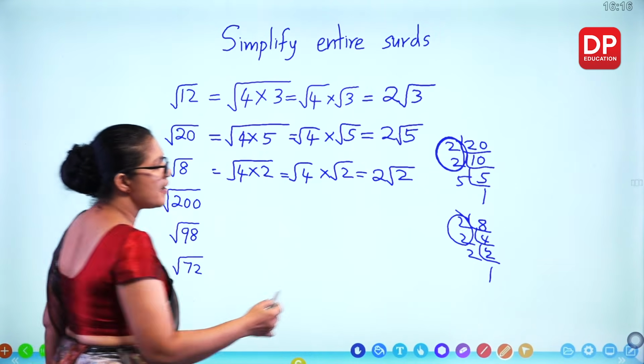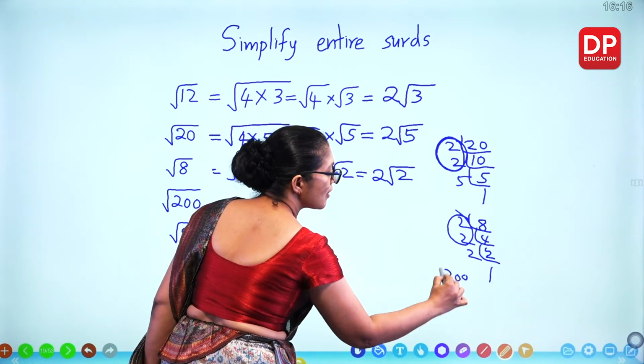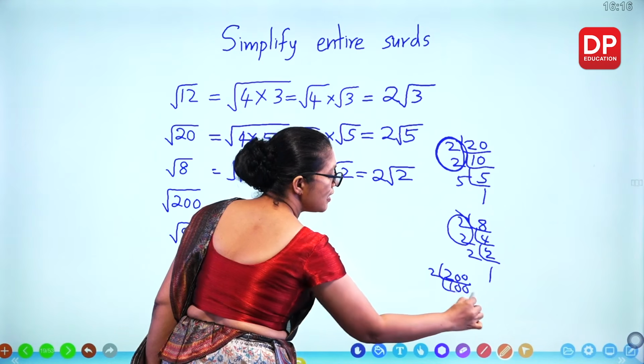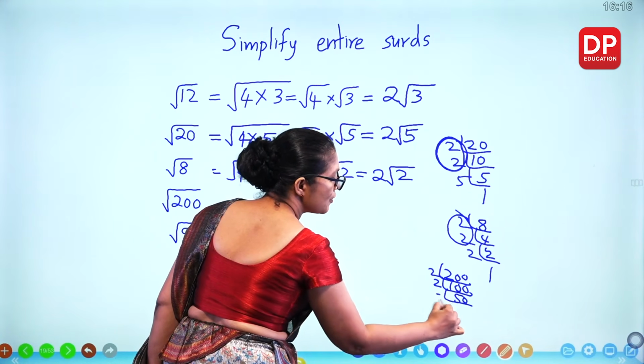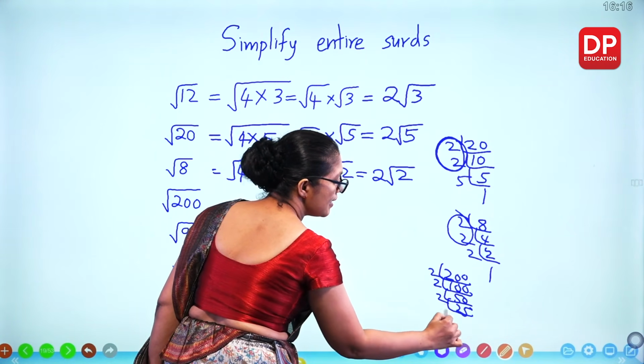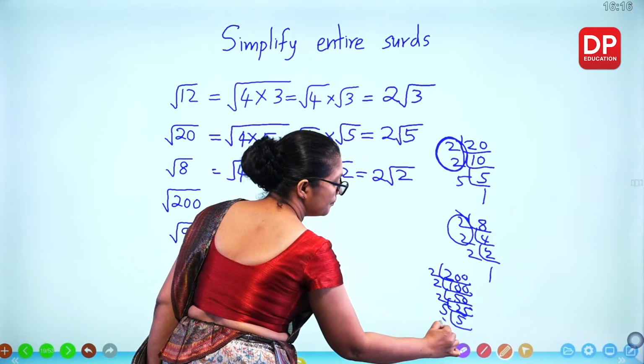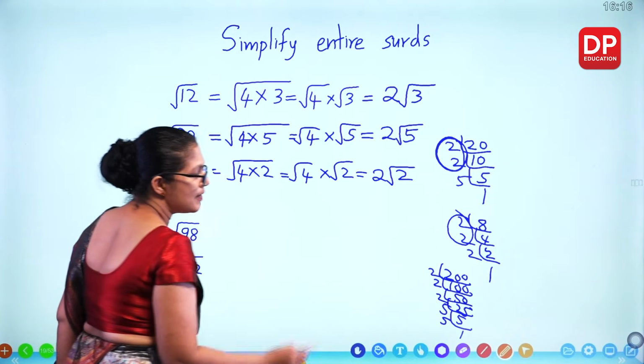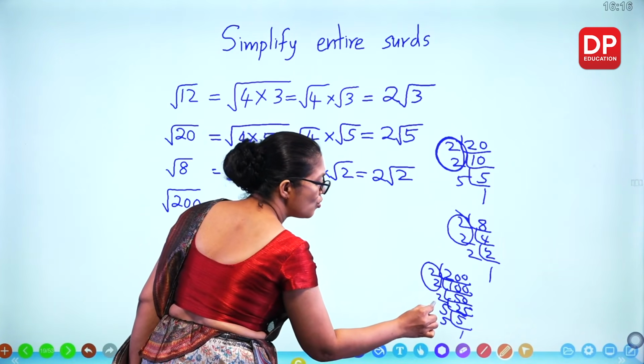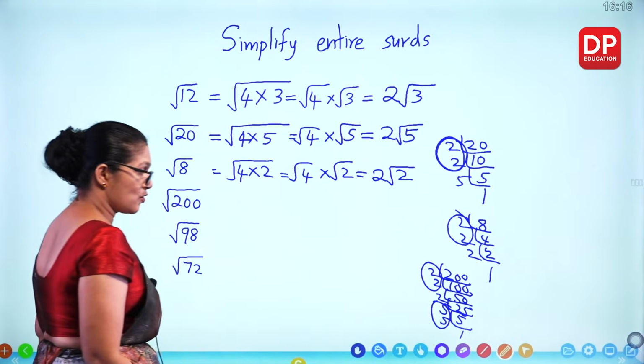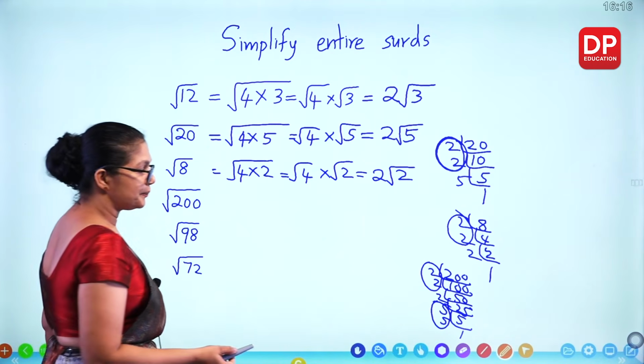What about 200? You can divide by 2, divide by 2, you can divide by 2 again, and 5 and 5. Now we get 2 pairs, 2 and 5. So what's the square number here?